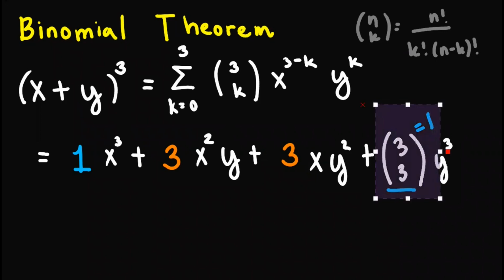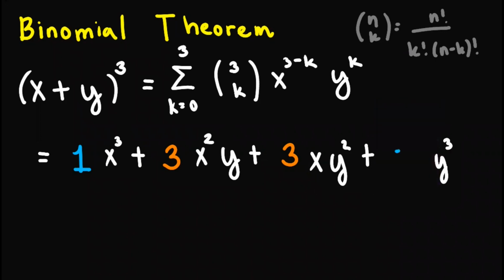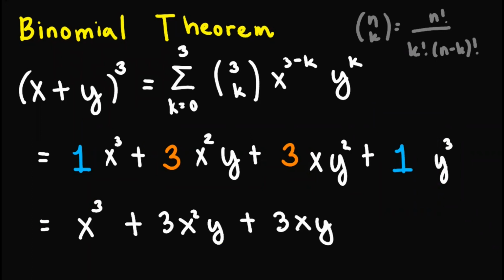So we can replace this with 1. And so we obtain 1x cubed, which is simply x cubed, plus 3x squared y plus 3xy squared plus y cubed. And that is the answer for this one.